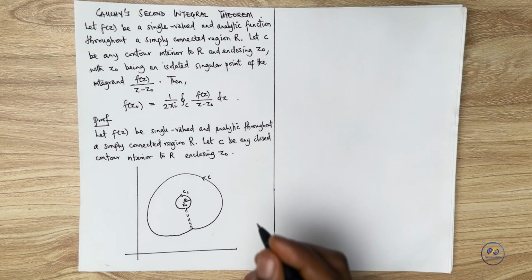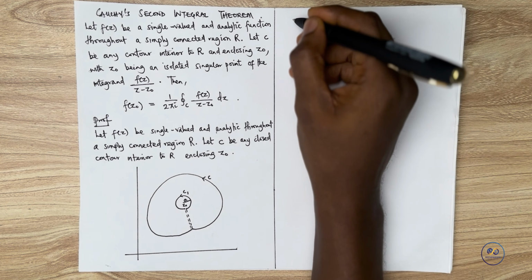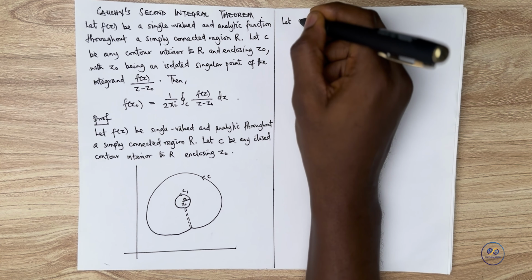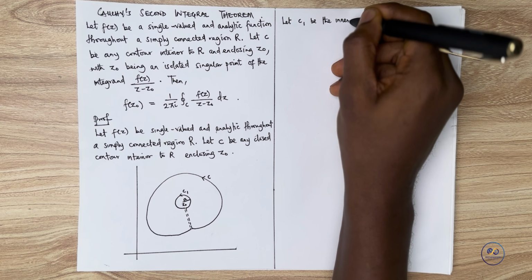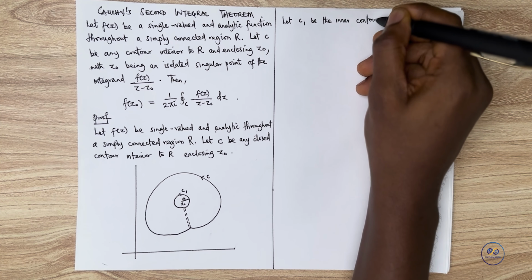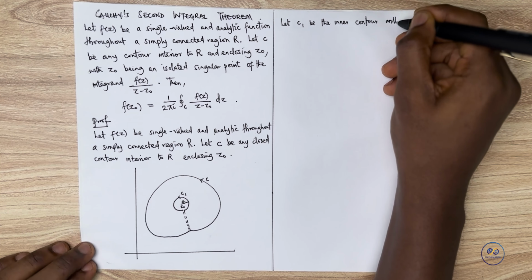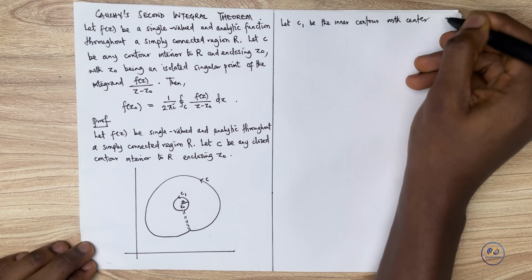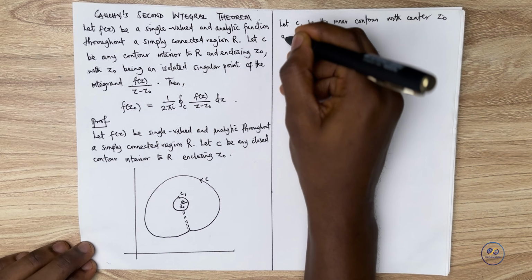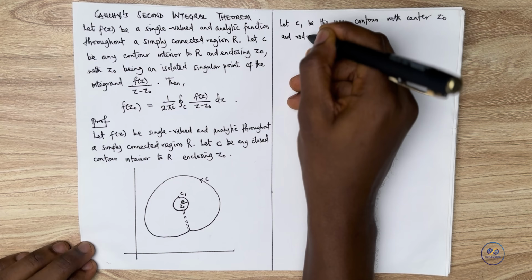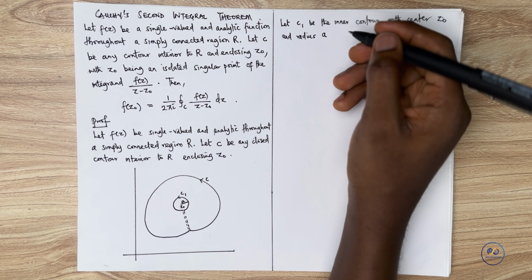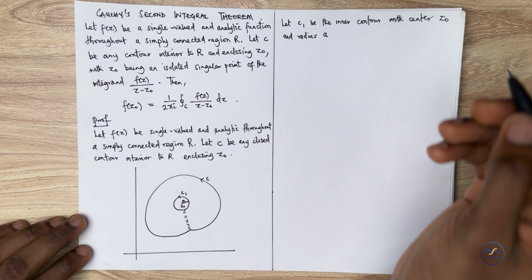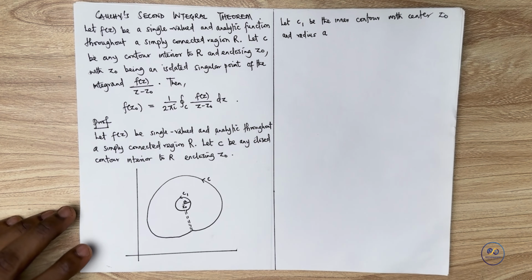So let C1 be the inner contour with, of course, center Z naught and radius A, right? So this, of course, makes it a simply connected region.